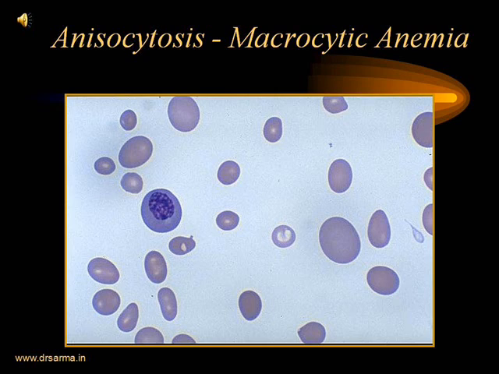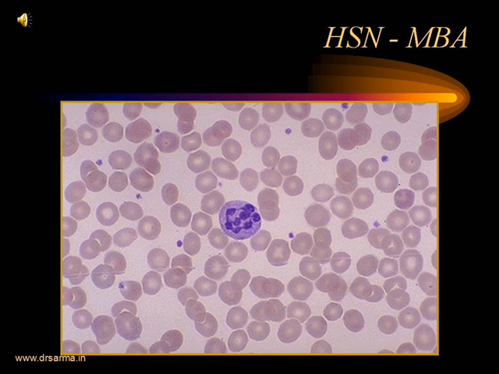In macrocytic anemia, some of the RBCs are very big due to poor maturation, some of the RBCs are normal because of normal maturation. That is why we see a mixed picture of smaller and larger cells, and this is called anisocytosis.